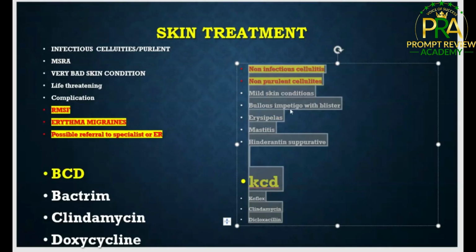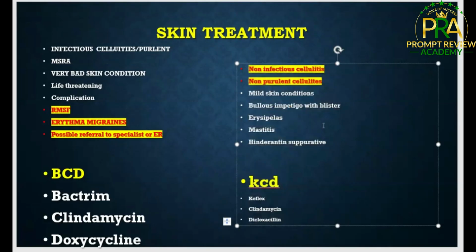But if they don't need to go to the ER, say you did the wound culture and it came out MRSA, you don't need to send the patient to the hospital, except if the patient has other symptoms like all those systemic symptoms. Other than that, you don't need to. So those conditions are your BCD: Bactrim, clindamycin, doxycycline.